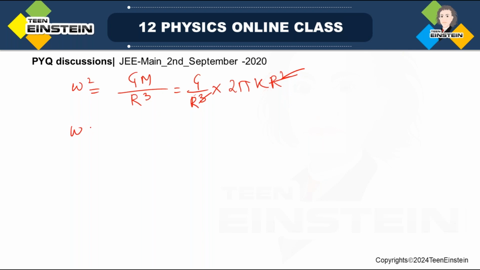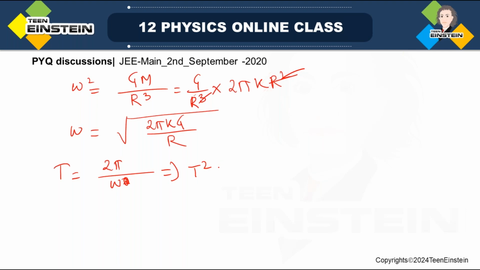So from here omega will be square root of 2 pi kG by r. Now what is the time period then? 2 pi by omega. So then from here I can write T square is equal to 2 pi by omega, whole square, which is 2 pi by 2 pi kG, and this is r.